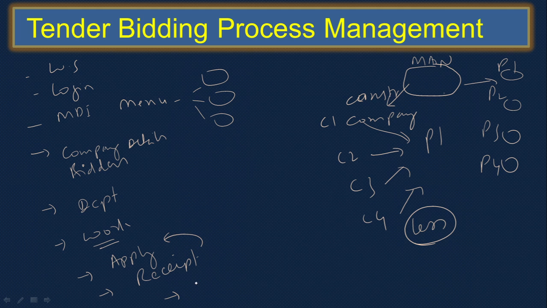After applying, we select the bidder. So we have the departments, then the work, then the bidder details are created, then they make the payment, then they apply, and after that we select the bidder. Based on that, we can generate the reports.